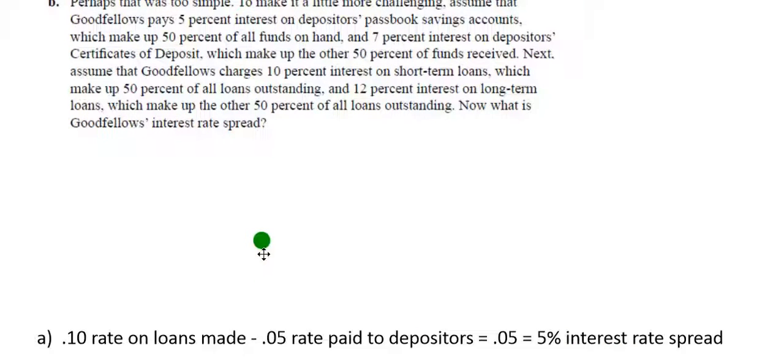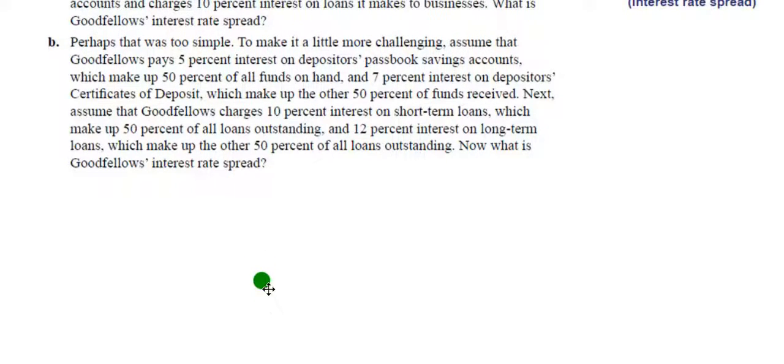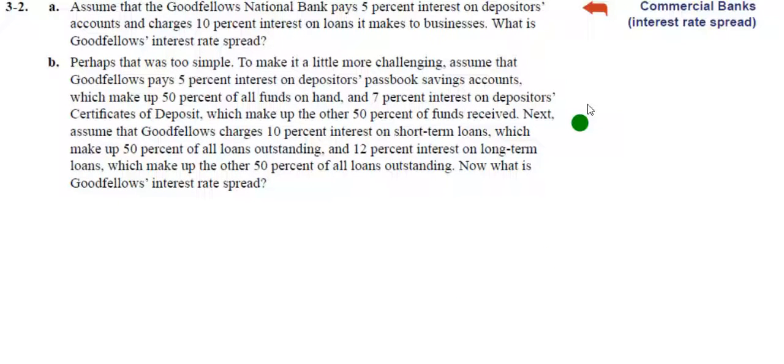Easy enough. Okay, part B right here in this problem is a little more complicated, but not much more. We're doing what's called weighted averages. So in this scenario, we have the depositors broken into two categories.